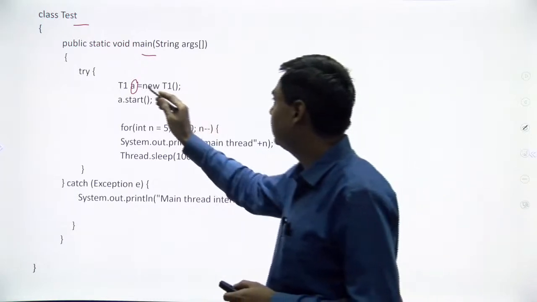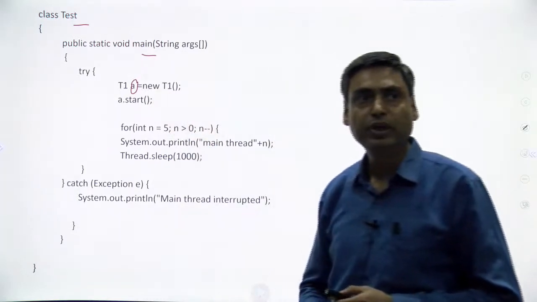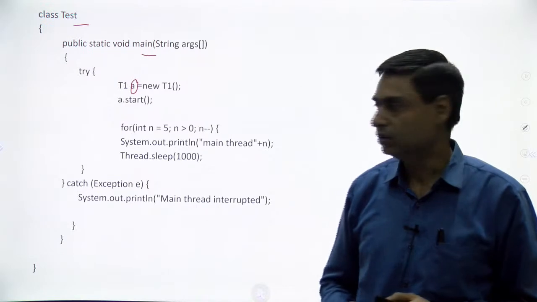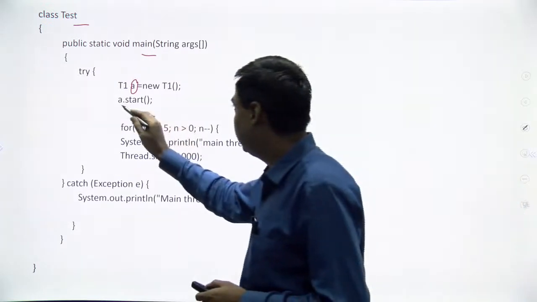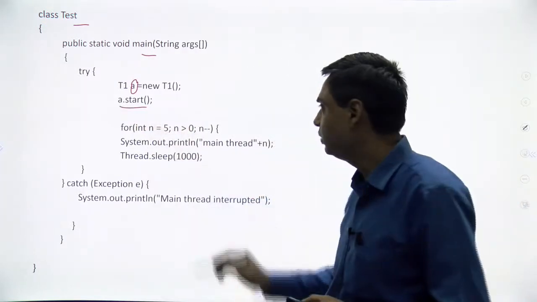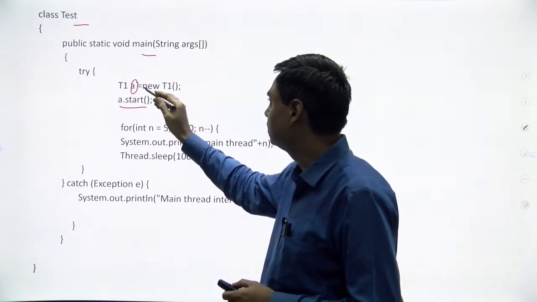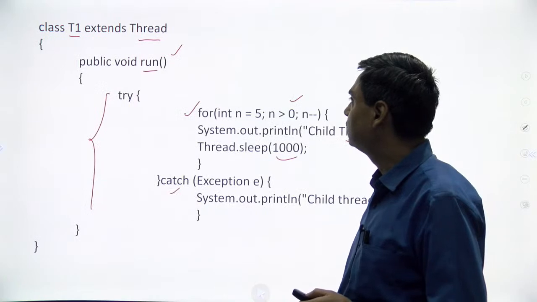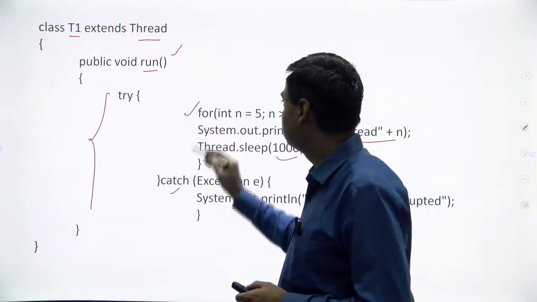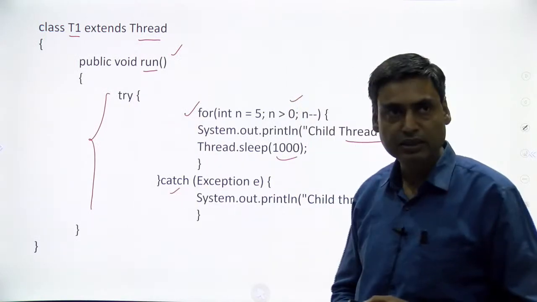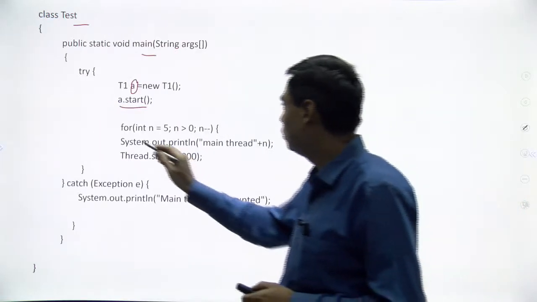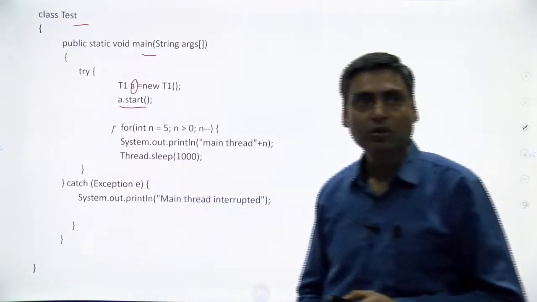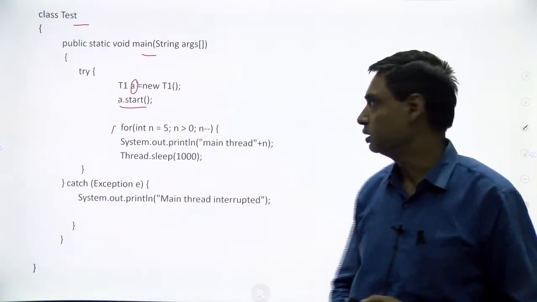Now to start this thread, we need to use the start method. So there is a dot start method. When we put a dot start, this thread will start. Now you can see that this for loop of the T1 class and this for loop of the main method, both will run simultaneously.